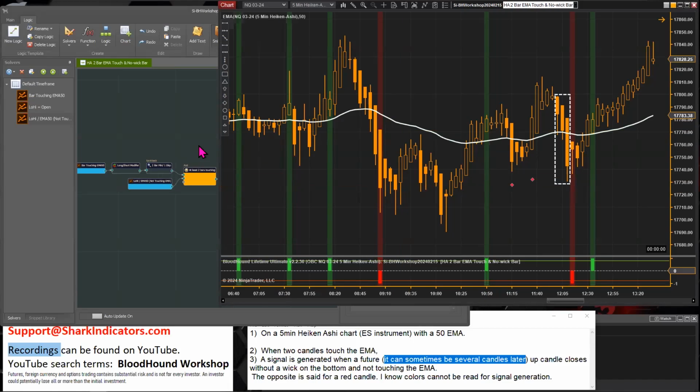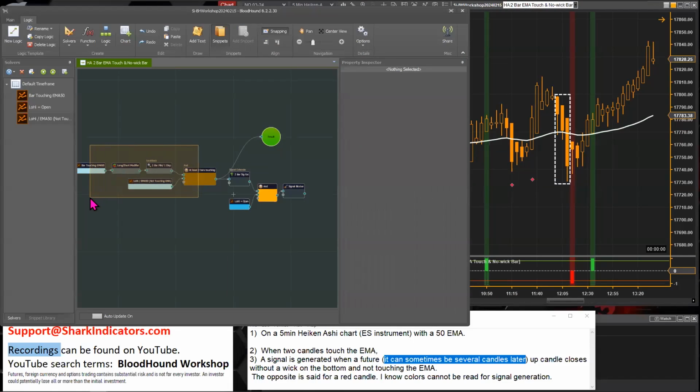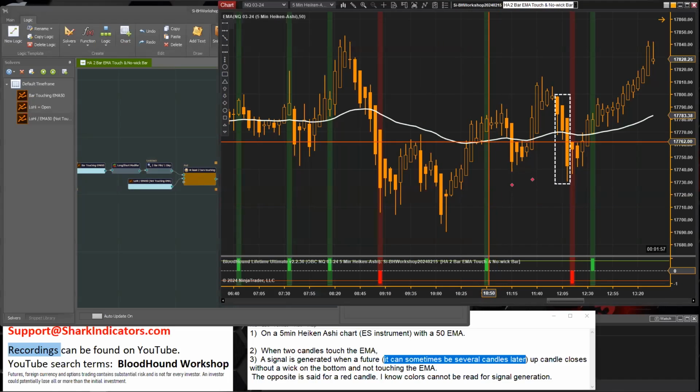Okay. So this is identifying, again, a minimum of 2 bars touching that EMA, and then shifting that signal that, yes, 2 bars are touching. It's then shifting that signal forward onto the first bar that is not touching, right? And so this is when the signals can occur. This is the first bar where the signals can occur.